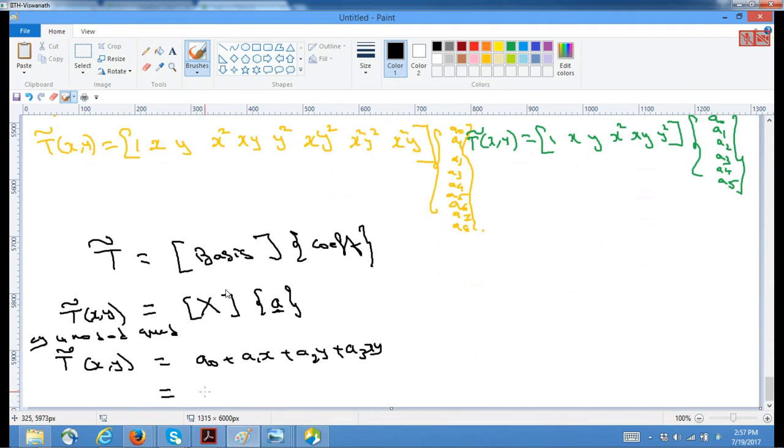I want to write it as Ta Na plus Tb Nb plus Tc Nc plus Td Nd. If I substitute the xa ya coordinates, this would be Ta. If I substitute the xb yb coordinates, this would be Tb. If I substitute xc yc, I get Tc. If I substitute xd yd, I'll get Td.